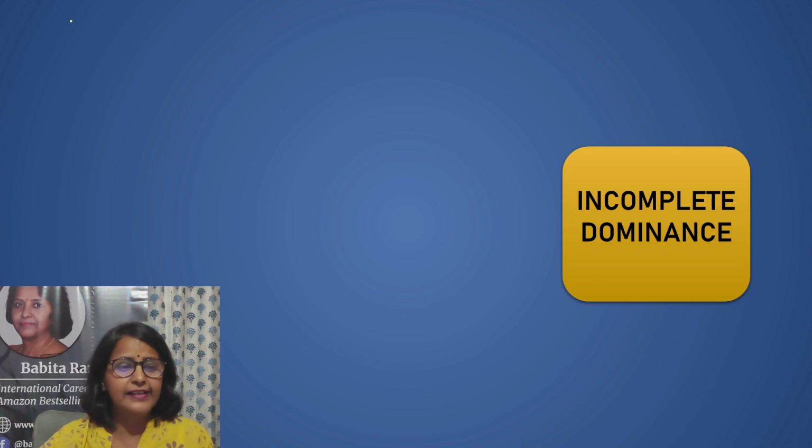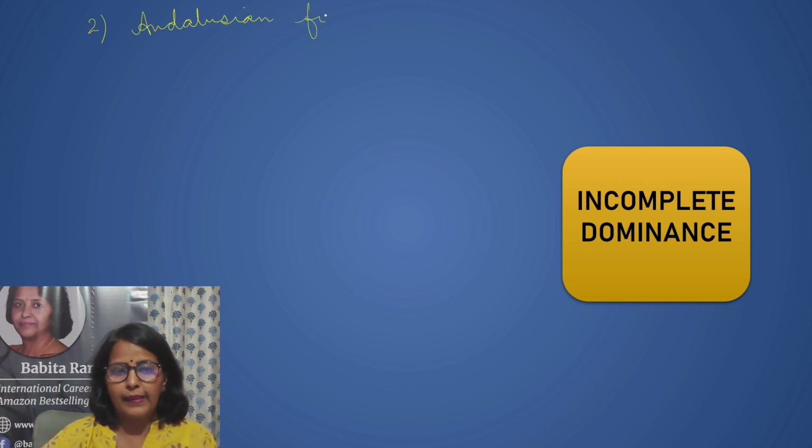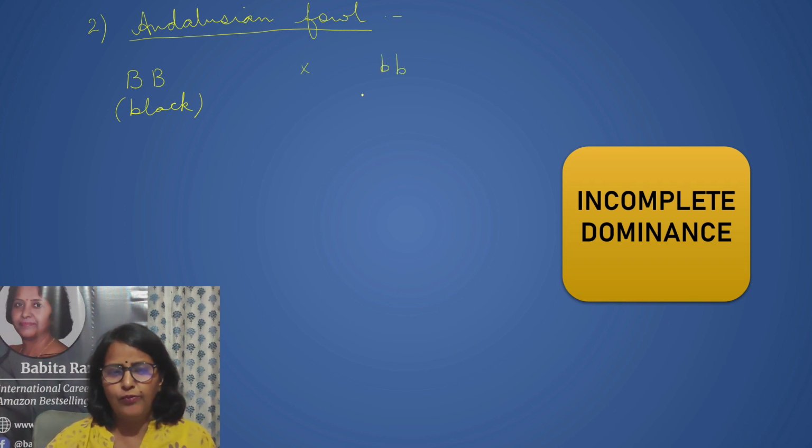Next, let us take example of animal. That was an example for plant. Let us take example of animal. This gene capital B will show black color in the fowl, and small b will show white color.